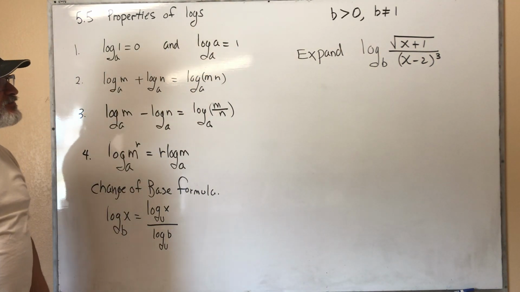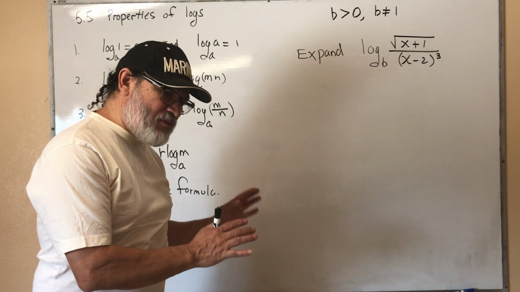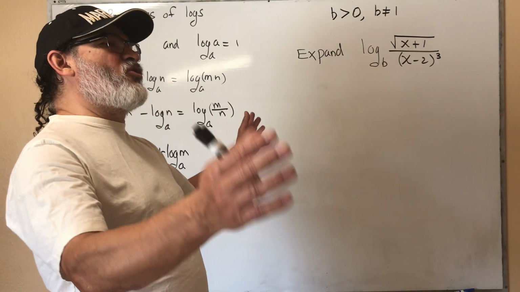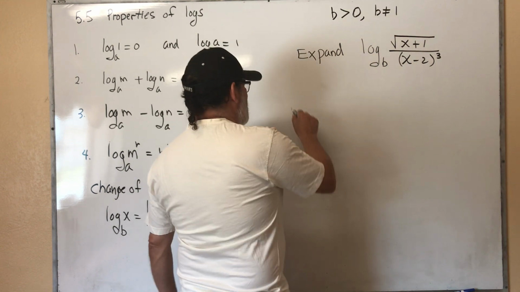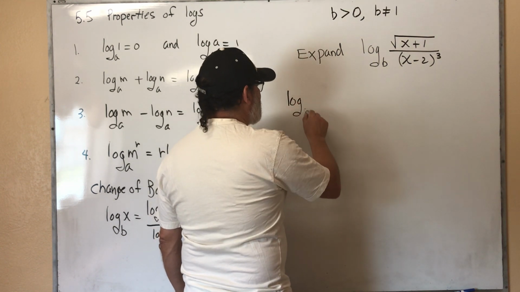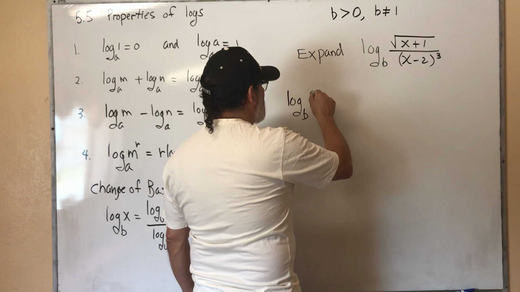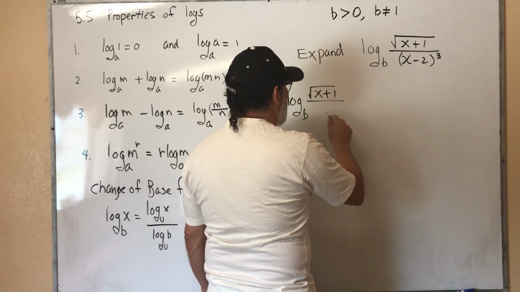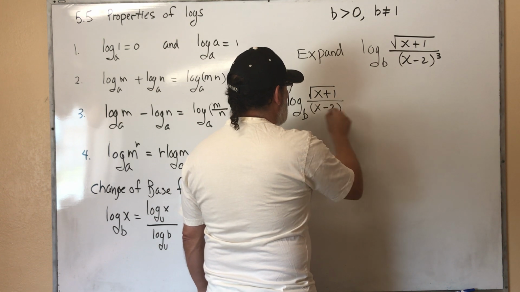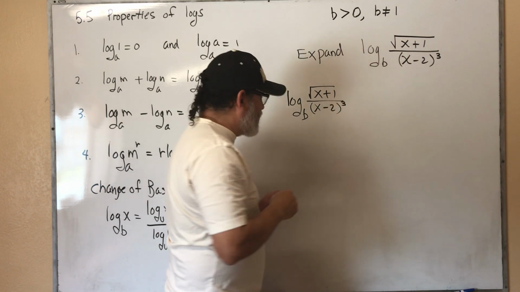Okay? All right, let's start. So log base b of the square root of x plus 1 divided by x minus 2 to the third. Okay?